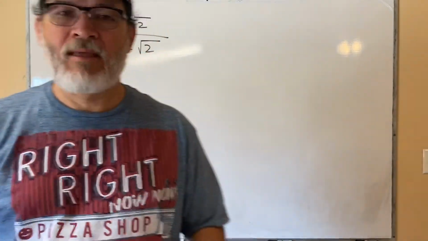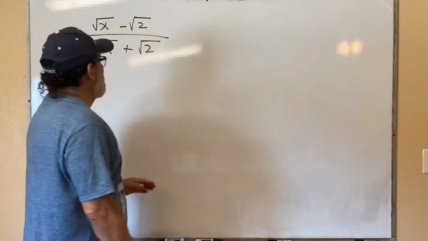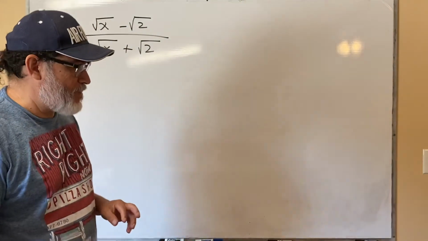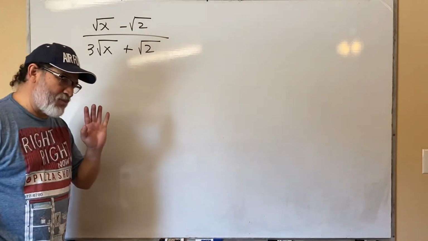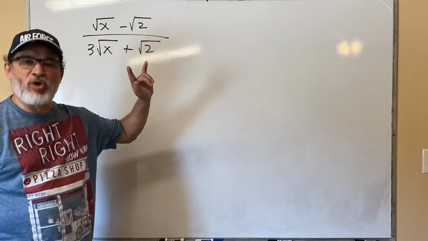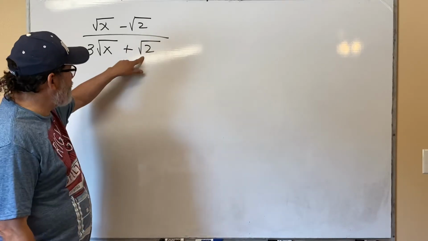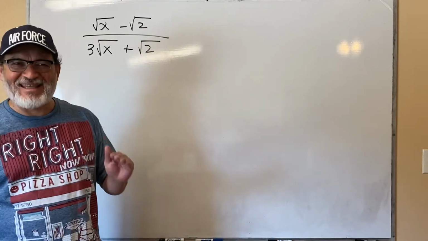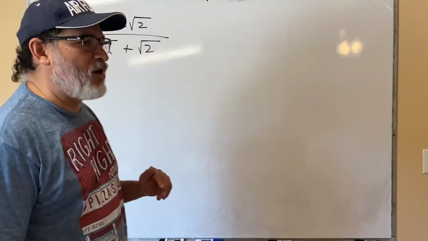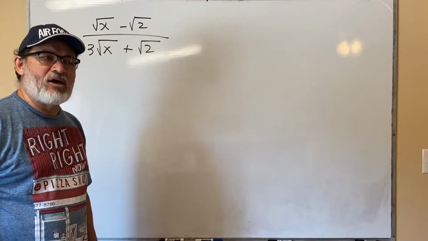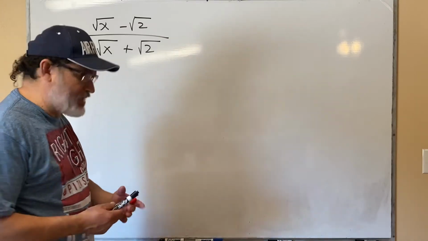Okay? Now, we need to get rid of radicals in the denominator. When we have a binomial, a radical binomial, radical and then two terms, look. To get rid of radicals in the denominator, you must multiply top and bottom by the conjugate of the denominator, guys.